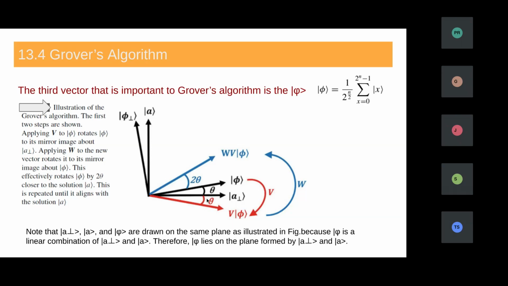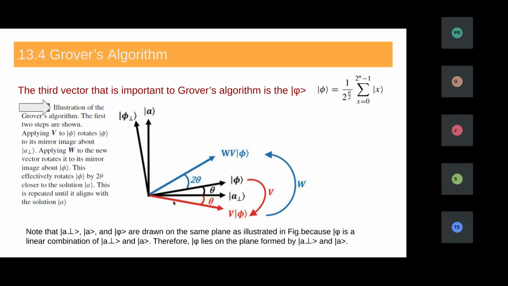So we are rotating phi around the parallel A, which is a theta rotation. So the distance is now 2 theta, right? Effectively, we have rotated v by theta across the A perpendicular.